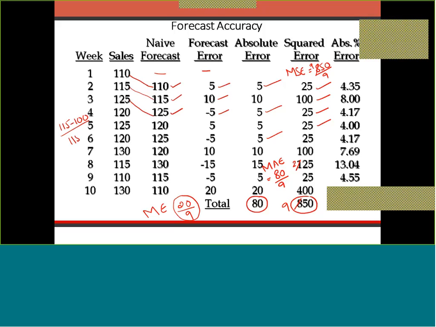How much it is? 115 minus 100 by 115. Please calculate and tell me. It is actual minus forecasted by actual. It is 15 by 115.